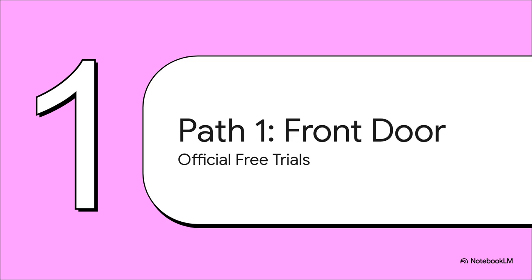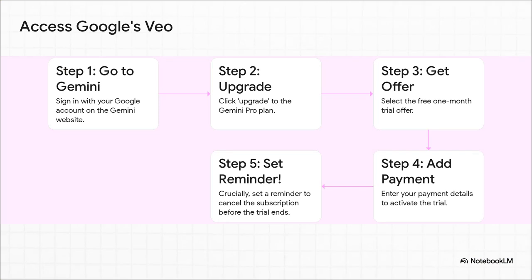Okay, path number 1. This is the most direct route, the one the companies themselves actually provide. This is your chance to get a legitimate first-hand taste of what these amazing tools can do, straight from the source. So, how does this actually work? Well, as the Source Analytics video points out, the secret is kind of hidden in plain sight. It's all about Google's Gemini Pro plan.